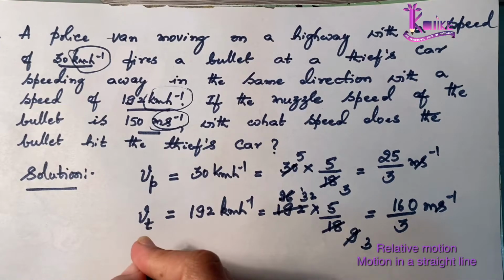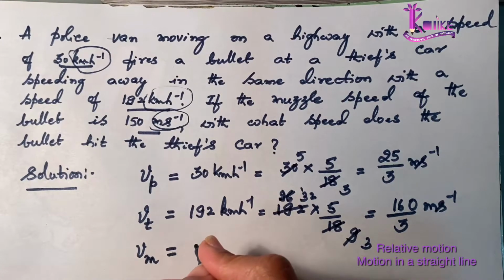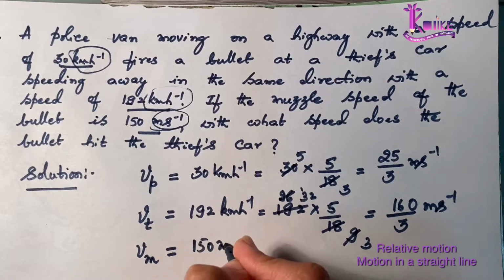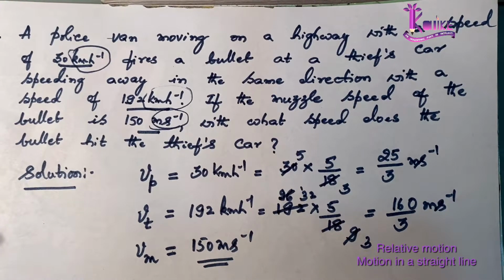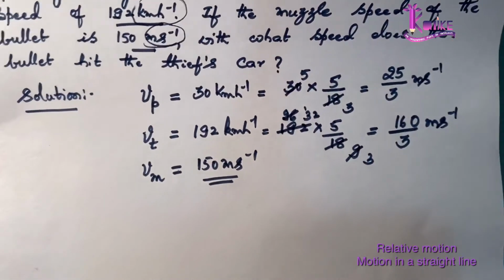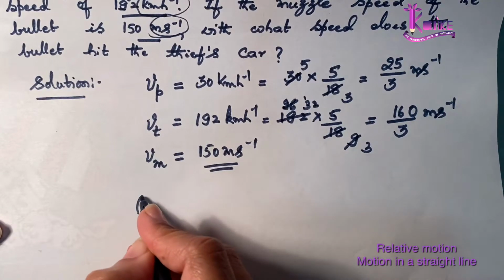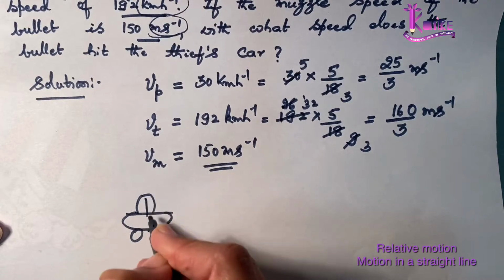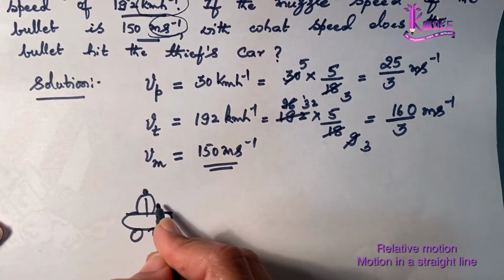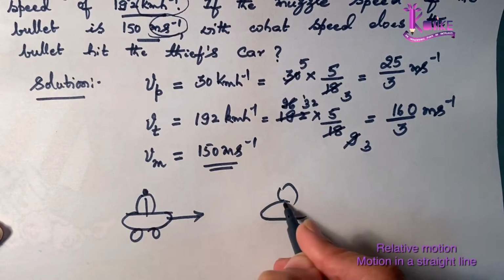Also the muzzle speed of the bullet is given, so I represent it by Vm, which is 150 meter/s. Now what do you mean by muzzle speed? To understand this, say this is the police car, which is actually chasing the thief's car.